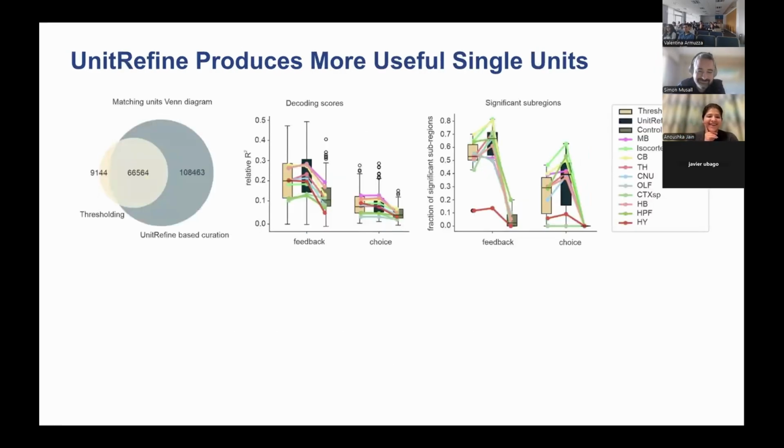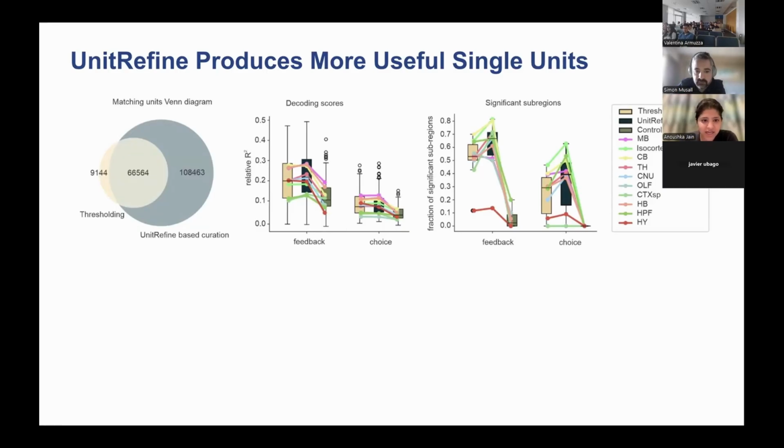And another very important question was: okay, you get units out after using UnitRefine, some of which are supposed to be single unit activity, but is there a real impact of using it, or is it similar even if you do a threshold? So this result tries to quantify that.